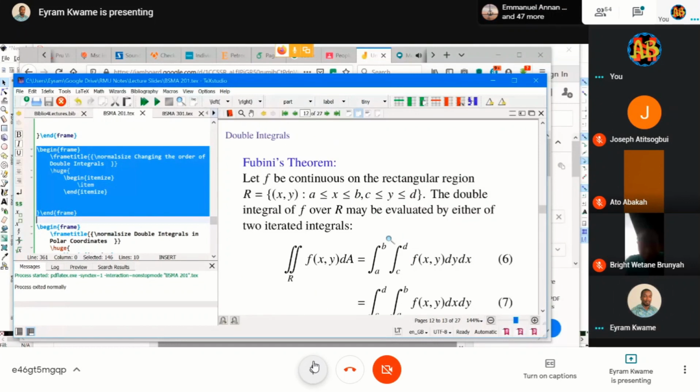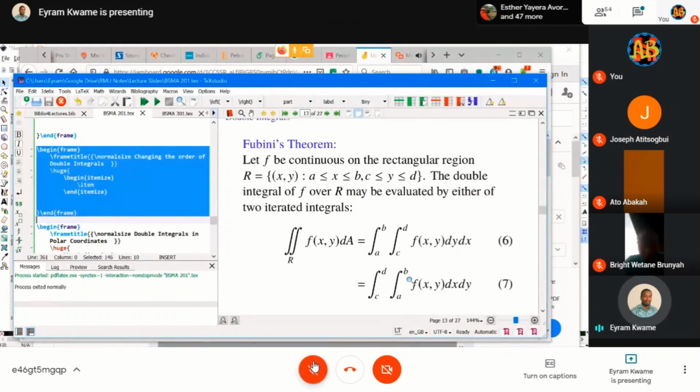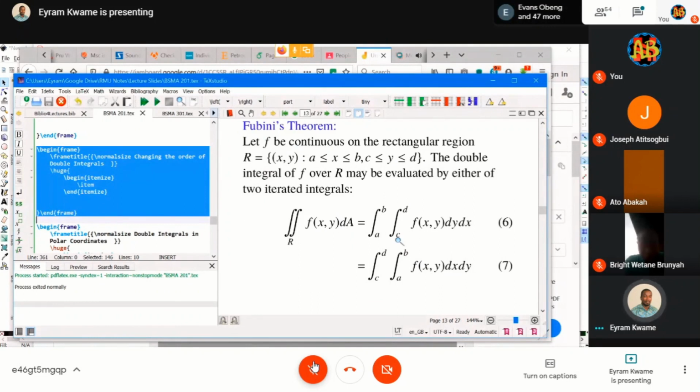I just included it basically. It says that if I integrate with respect to y before I integrate with respect to x, I'll get the same result as if I integrate with respect to x first before y. That's what the theorem is saying.